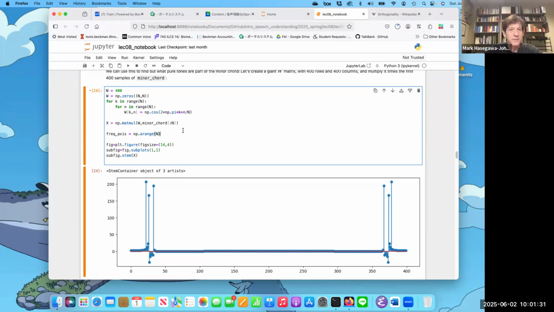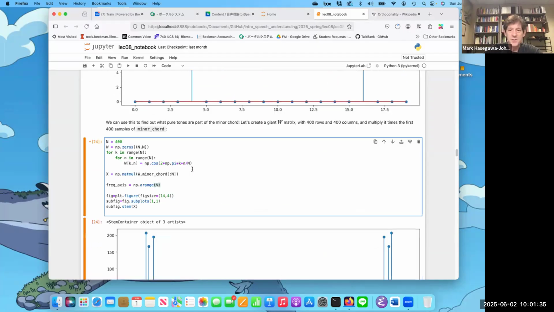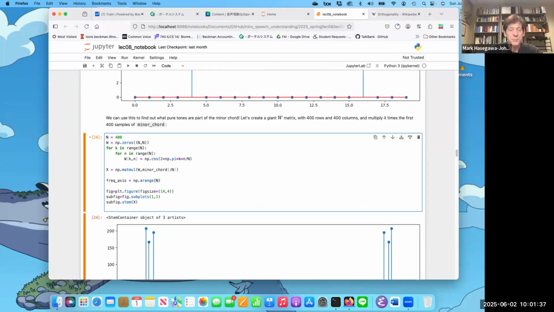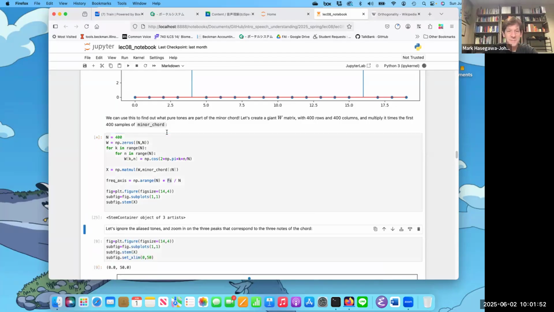And what is the sampling frequency for this A note? Oh, it was Fs, right? So I want to multiply that times Fs and divide it by capital N, divide it by 400. So that means instead of going from 0 to capital N, it'll go from 0 to Fs, the sampling frequency. Let's see if that makes sense.